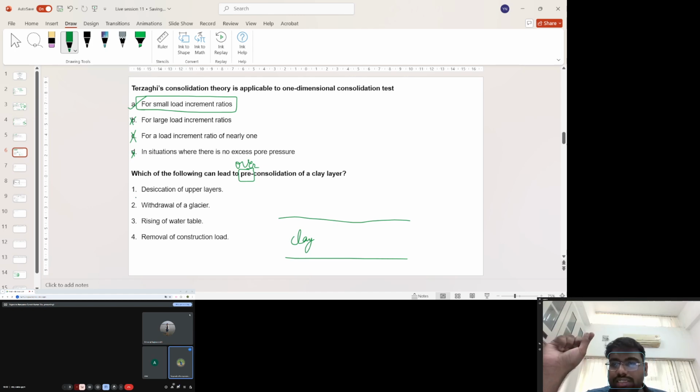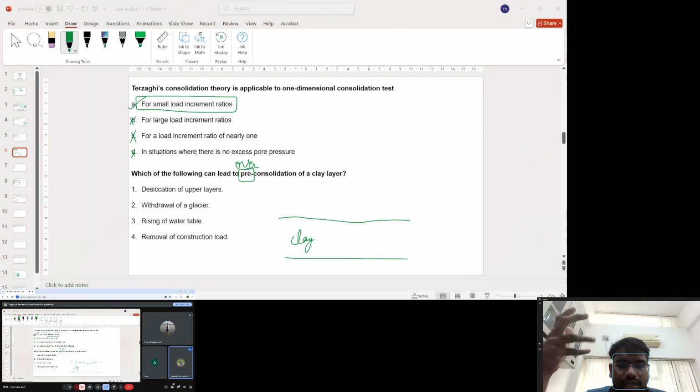Now in this case, desiccation: when the clay gets desiccated, what happens? The load application is reduced in a way, all right. So there will be cracks which are formed, which will result in increased void ratio, and there will be a change in density also, all right.